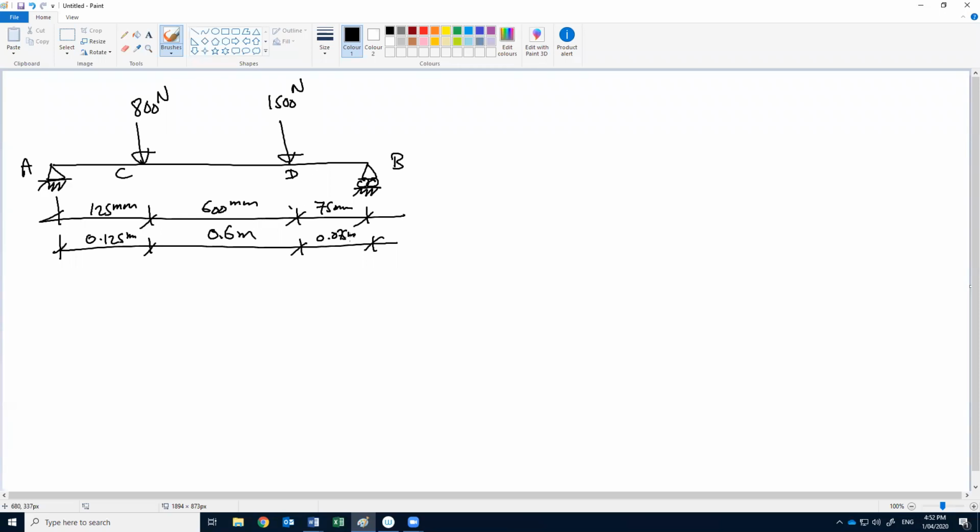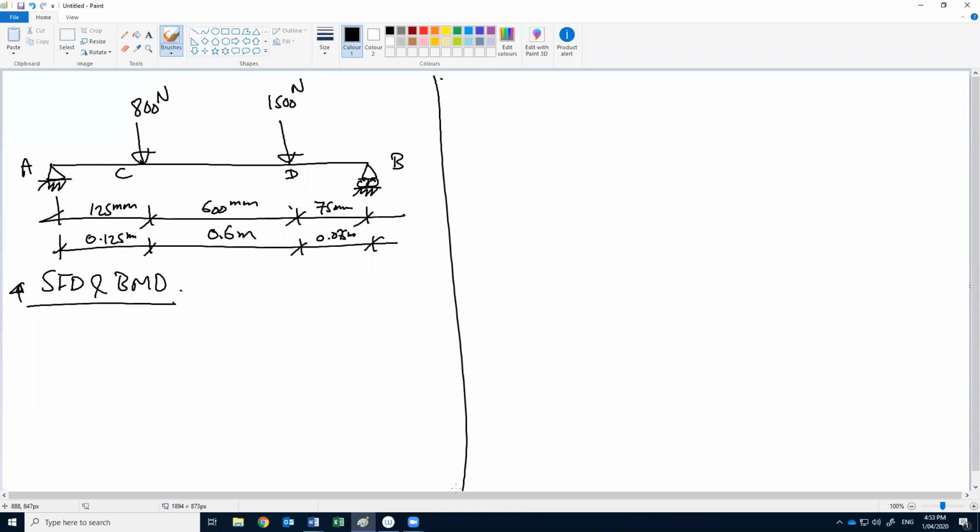The requirement is to draw the shear force diagram and bending moment diagram. Diagram means you should use the graphical method. No option to use the analytical method or the method we used last week, because it's a diagram. So now we need to start to solve this problem.